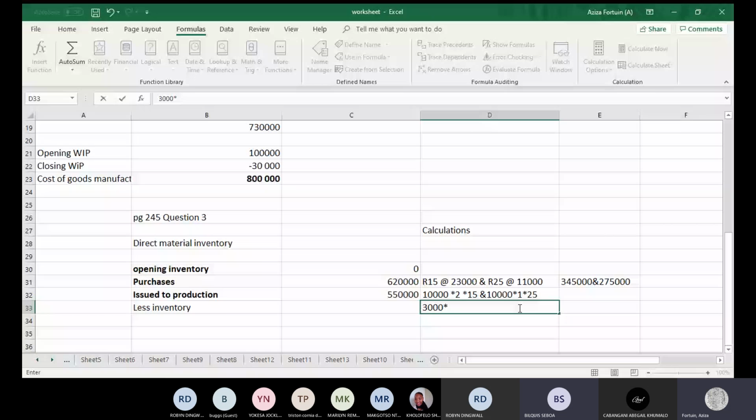Okay, let's move to our work in progress. Let me give you 2 minutes to calculate and look at the work in progress, the WIP account.